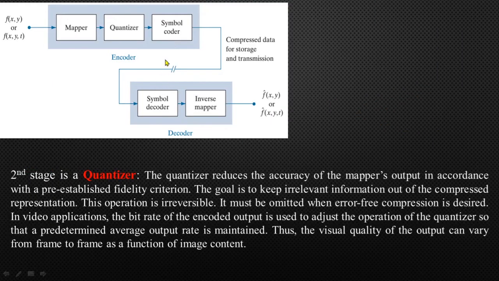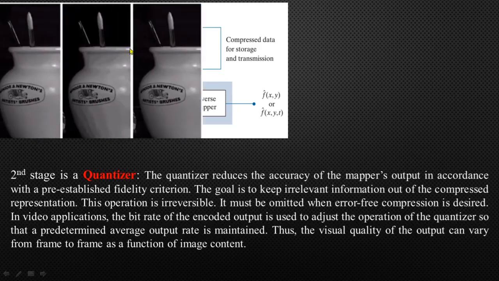Next one is the quantizer. This quantizer reduces the psycho-visual redundancy. That means most 2D intensity arrays contain information that is ignored by the human visual system. That is the irrelevant information or psycho-visual redundancy.